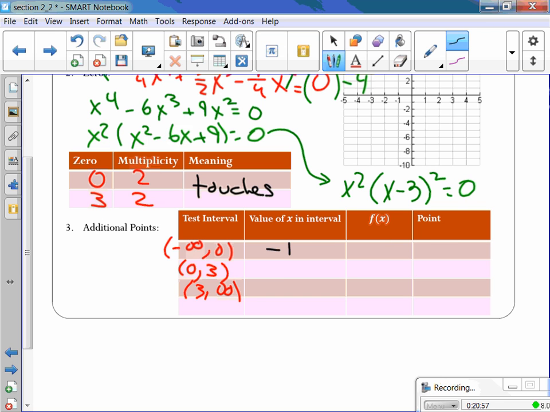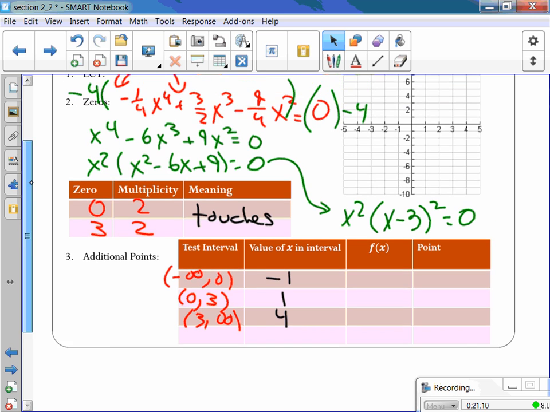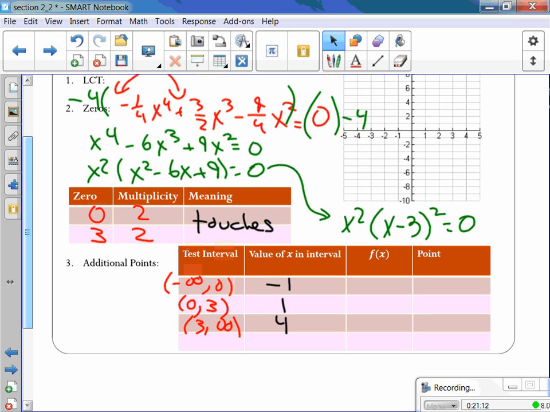Absolutely. I didn't want to do something like 0.6 or something. So here, once again, we just want to evaluate these points, sticking them into the original or factored form.